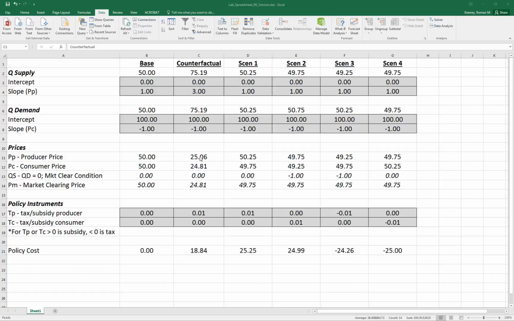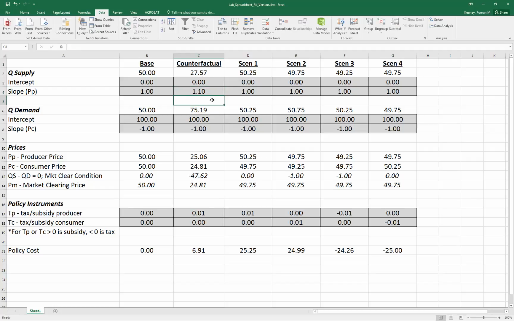I can tell you here the basic solution is 25, and so it's like 6 cents of the subsidy is going to the producer, 19 cents is going to the consumer. Okay, and so maybe a simpler way of doing this, if we want to compare it to this scenario 1, is not to make it so large, but to make it only slightly larger.